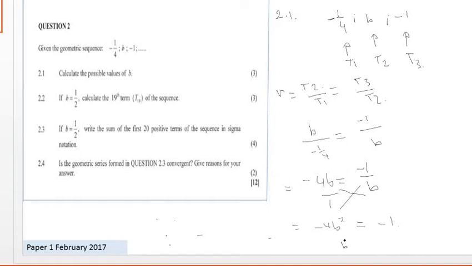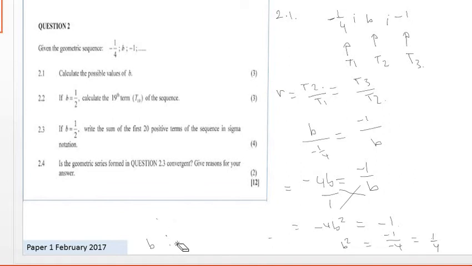To get b squared, we need to divide both sides by negative 4. We have negative 1 divided by negative 4, which is also equal to 1 over 4.